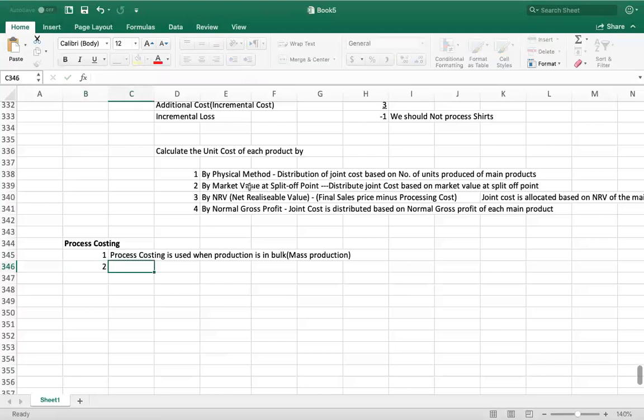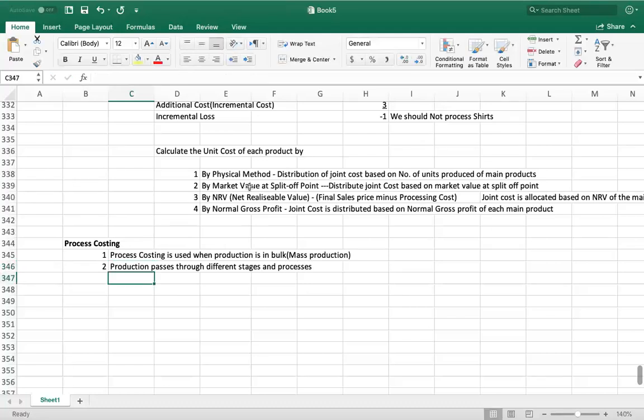The second property is that production passes through different stages and processes.